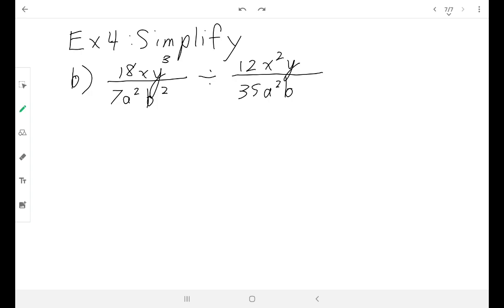I'd rather write it as a fraction, as a big fraction. So let me do that over here. We'll write it as 18xy cubed over 7a squared b squared.